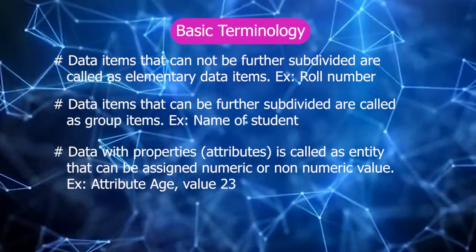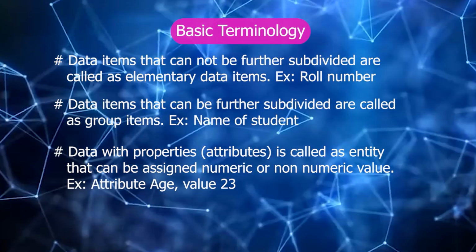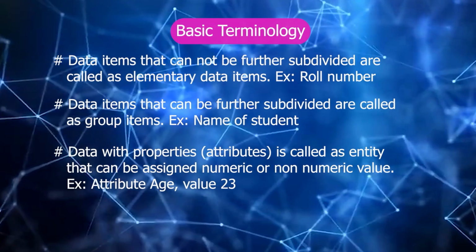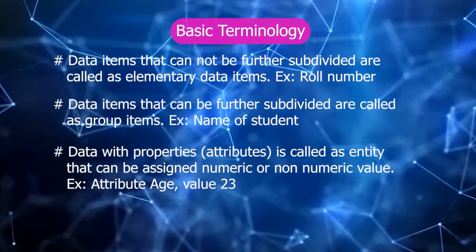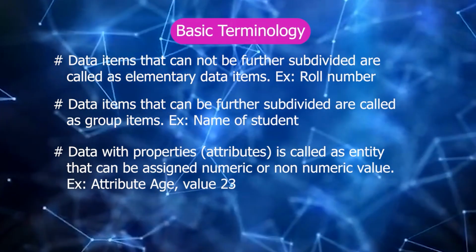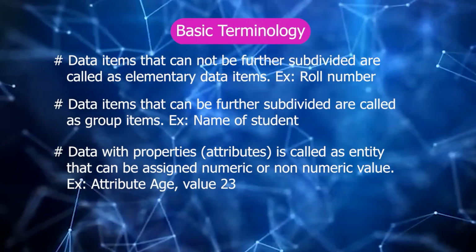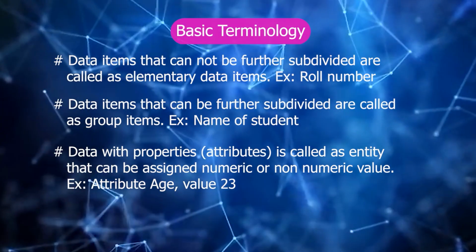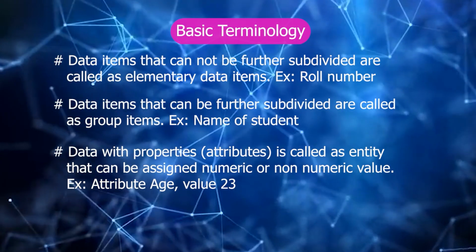So 23 is a numeric value. It is possible that you may have some non-numeric value associated with the data element, and this value is called a property of the data element, or sometimes an attribute of the data element. So every data element can be classified as a group item or elementary item, and every data element that you collect will have a certain value associated, which is called an attribute or property of the data element.